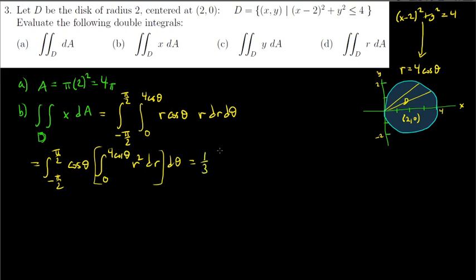So bring out the 1/3. And yep, so we're going to get r cubed, which is going to be 4 cubed is 64, and then cosine cubed of theta, times another cosine theta, which makes it cosine to the 4th of theta, minus 0, right?